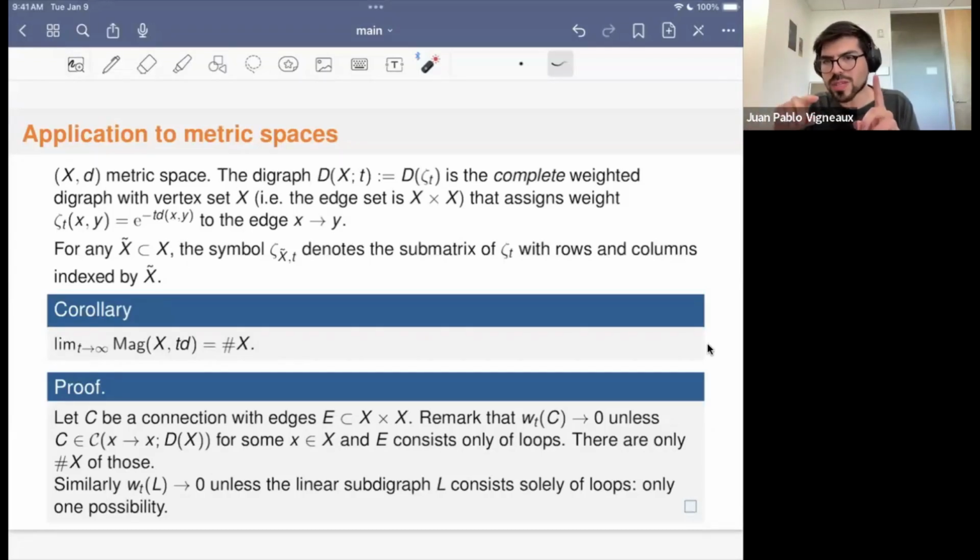Each self loop has weight 1, so those don't go to 0, and similarly for the connections. So you can recover this. This is kind of well known, and this is what justifies seeing the magnitude as some kind of generalized cardinality.